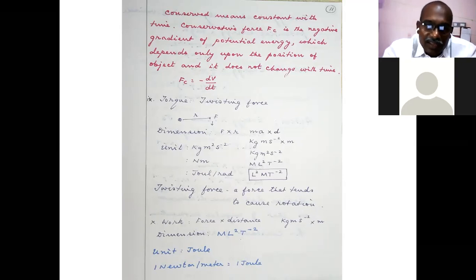When you turn the car steering wheel, actually the force is given on the ring, but which is conveyed through the connecting radial shaft, and which is working on the axis of the wheel. This is called a twisting force. So twisting force is called a torque.